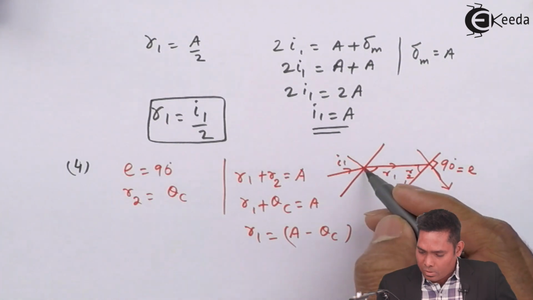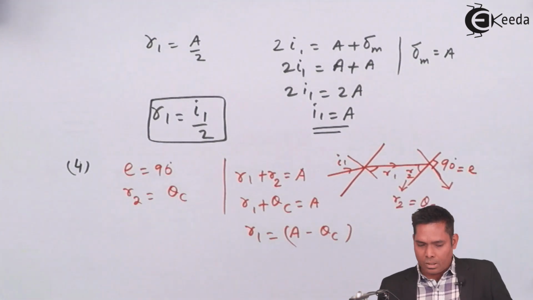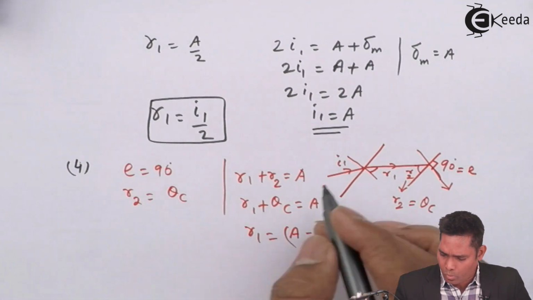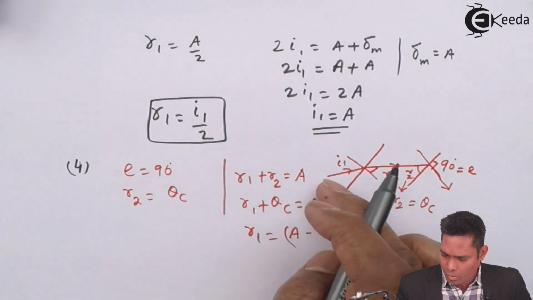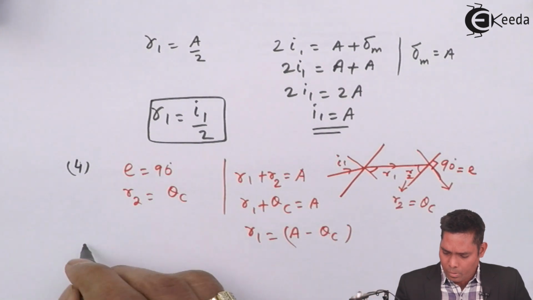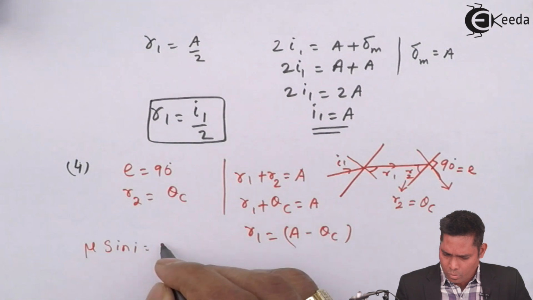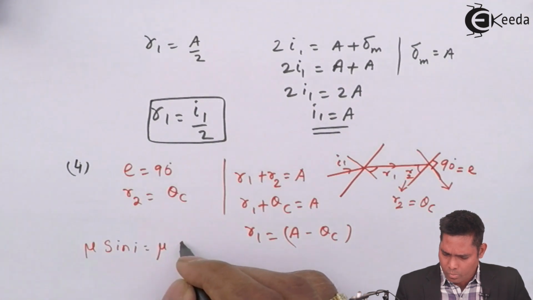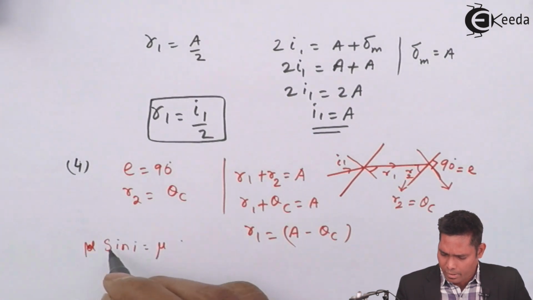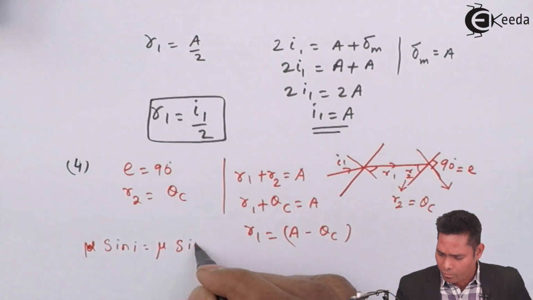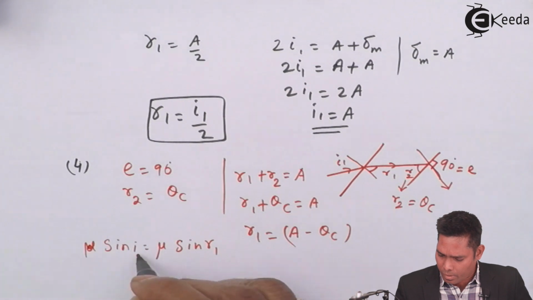If I apply Snell's law here, 1 sin I is mu sin R1.